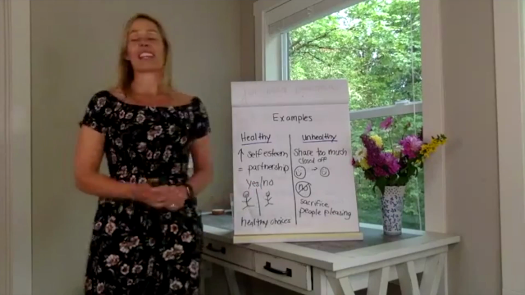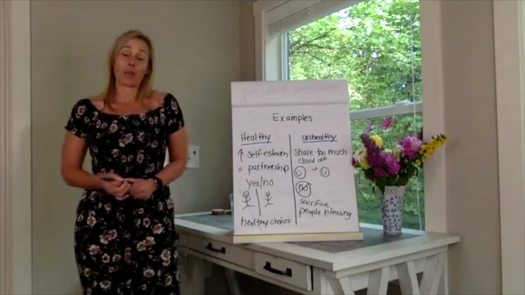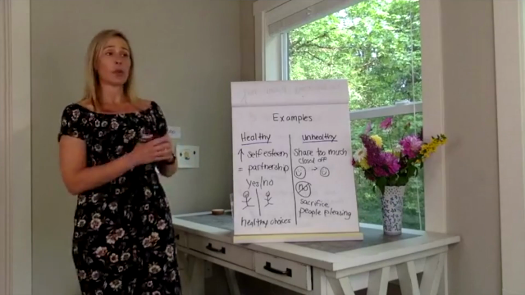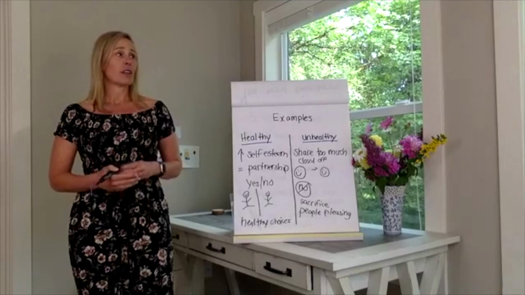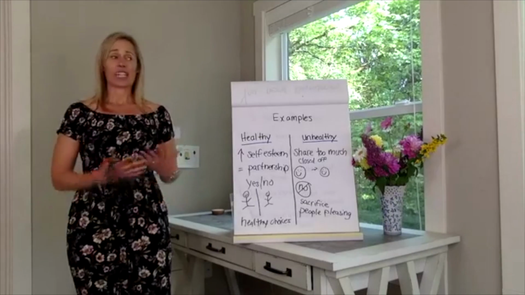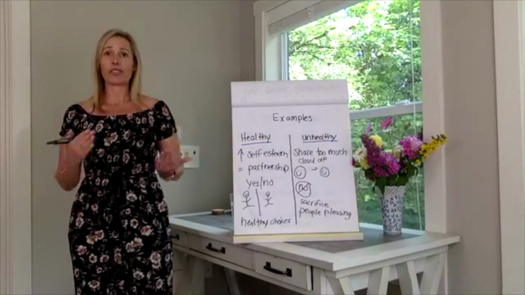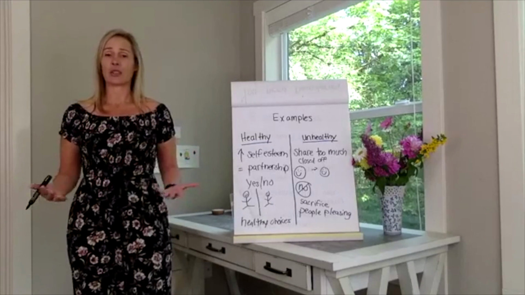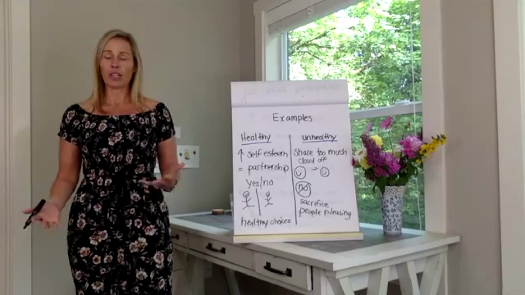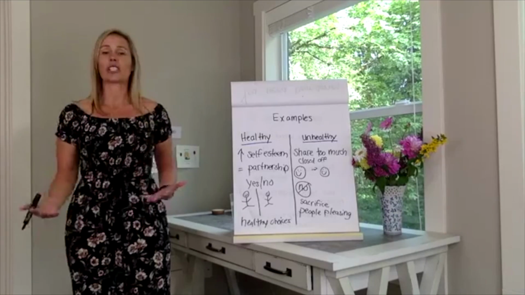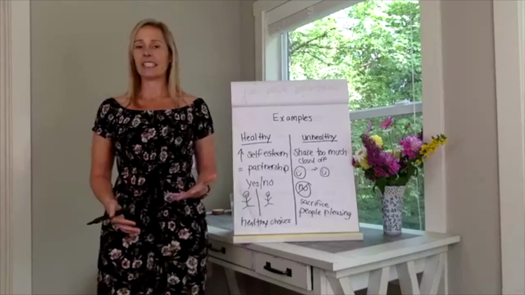So people pleasing examples are saying yes when you want to say no, doing more than you really feel like you should, giving in, changing your values so that you can fit in, trying to fit in, right? It's part of our evolutionary biology to want to fit in.